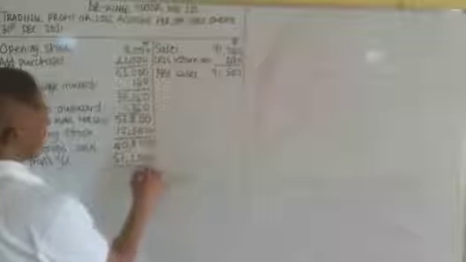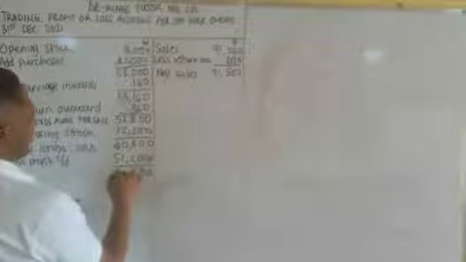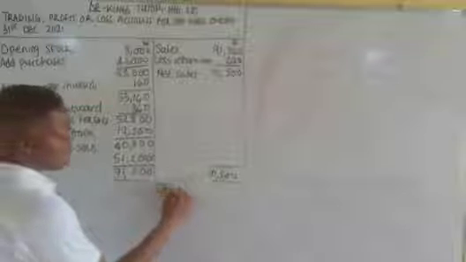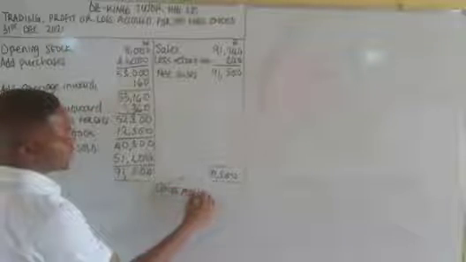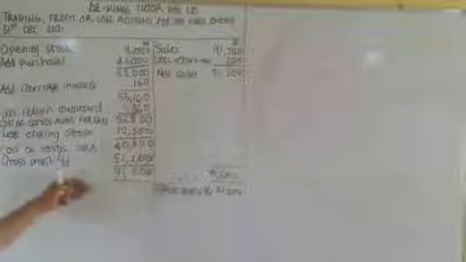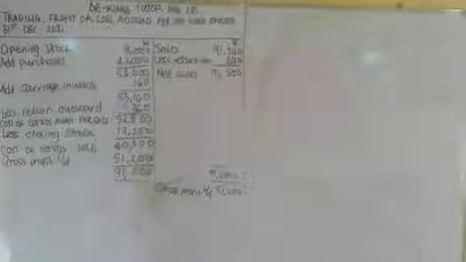So when we add together, we have 91,500. So gross profit carried down, we'll bring it down here as gross profit brought down, 51,200. Okay?